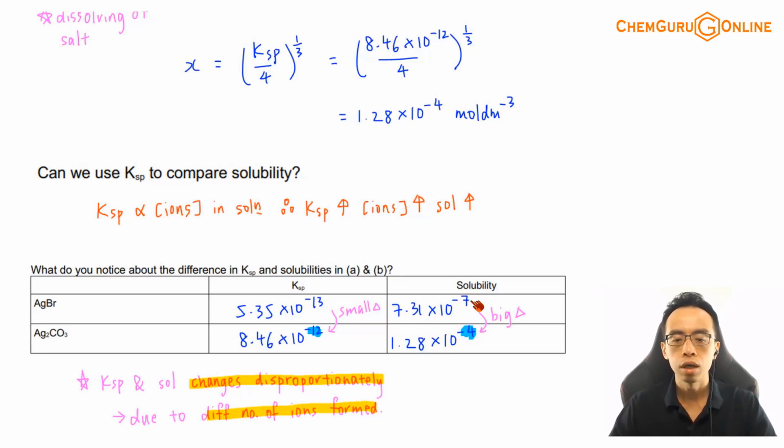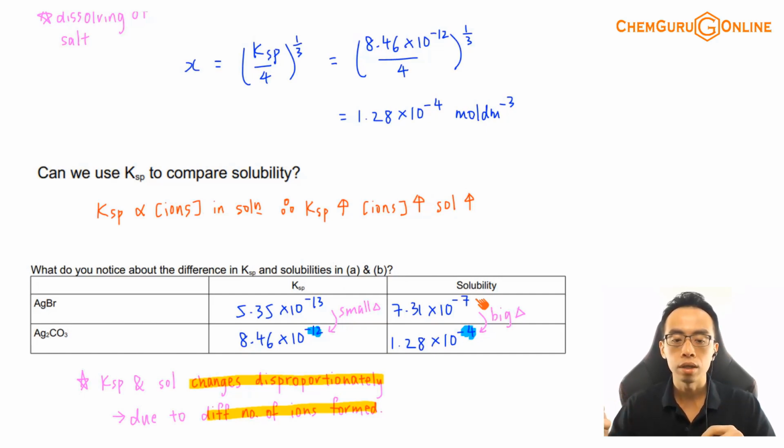But what is interesting is the difference is actually not proportionate. For KSP involving silver carbonate, it is just 10 times larger, but solubility is 1000 times bigger. There's a disproportionate difference if you look at KSP versus solubility. And if the change is disproportionate, then it's not so reliable when we want to do a comparison.